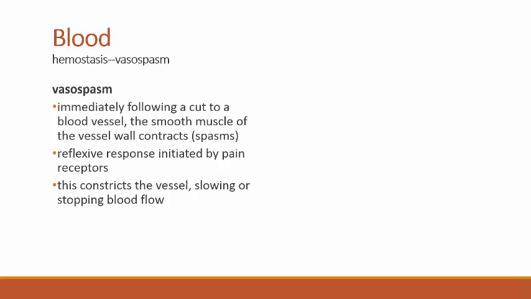As a result of this vasospasm, we get narrowing or constriction of the blood vessel, and hopefully this may stop the blood flow, but at the very least it's going to slow the flow of blood from that damaged blood vessel.